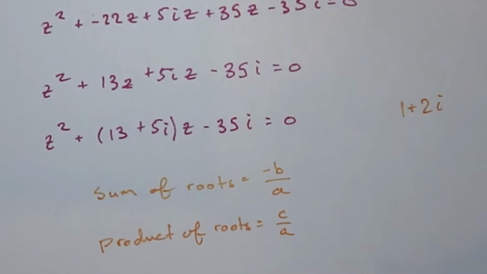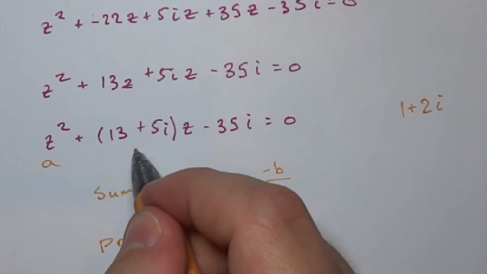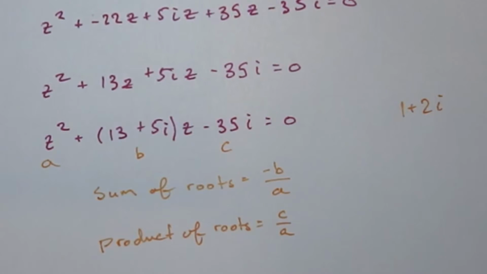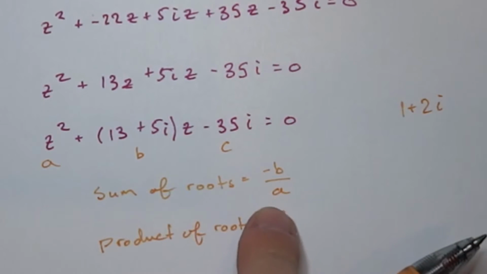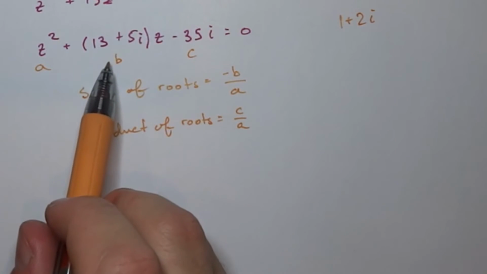So now let's figure out what our b, a, and c terms are. Well, this is going to be our a, this is going to be our b, and this is going to be our c. Okay, so let's try to figure it out both ways. We know that the sum of our roots is going to be negative b over a. So what's negative b over a? Well, b over a is just going to be equal to b because a is 1.